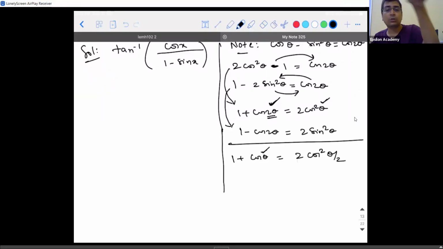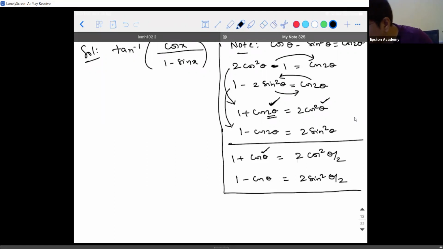Similarly, 1 minus cos theta will be how much? 2 sin square theta by 2. Okay. This is one set of an operation where you have 1 and cos theta.